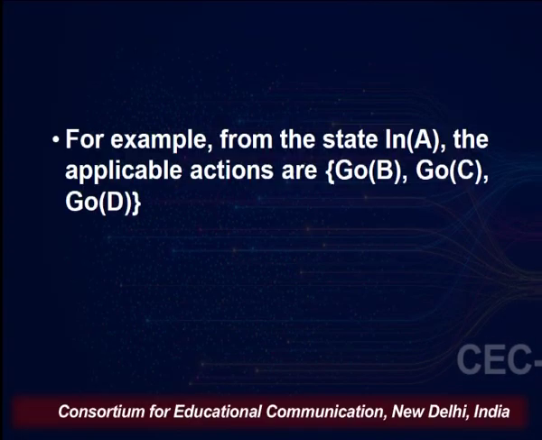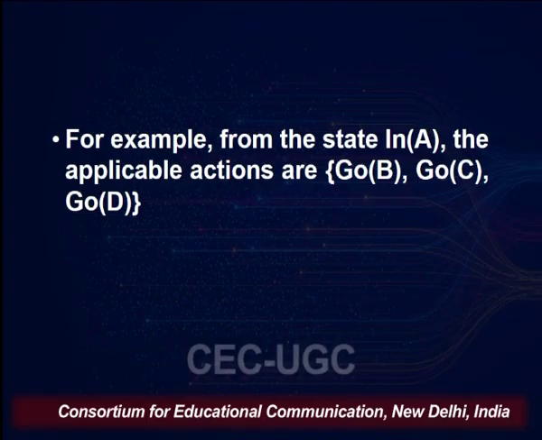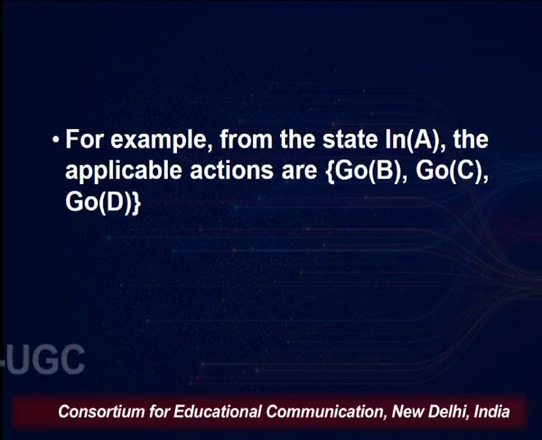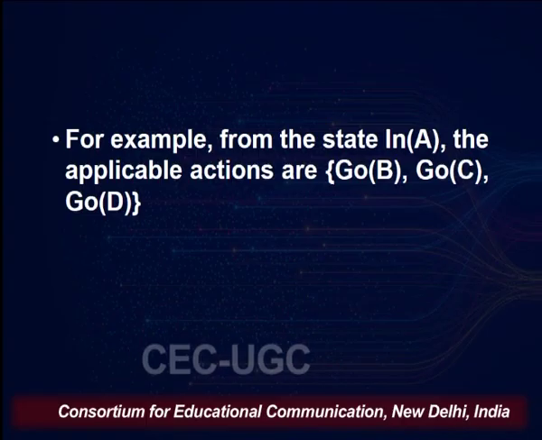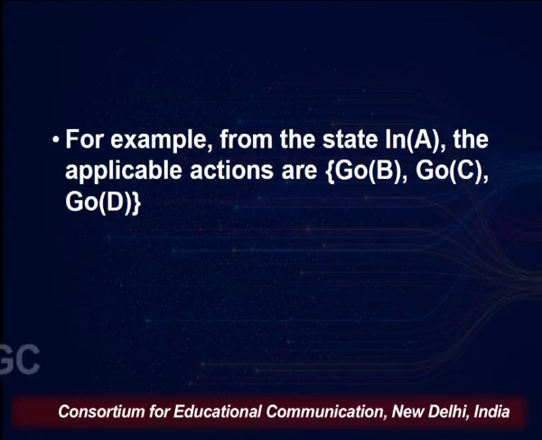In this route planning example, the only applicable actions are move to B, move to C or move to D. So, from the state A, that means your agent is presently at A, the applicable actions are go to B, go to C and go to D. It is not only the actions, along with it we also need to look into the applicable actions. So, 2 components of this problem formulation we have seen: one is the initial state and another one is the actions, and within the actions we have seen what the applicable actions are.